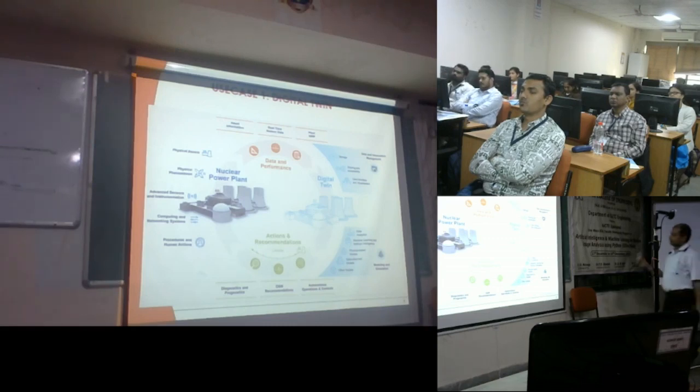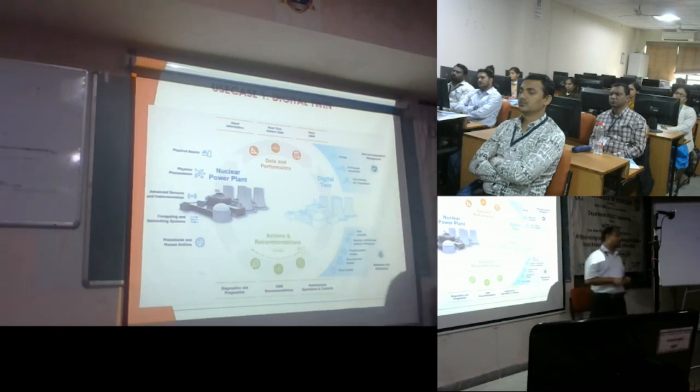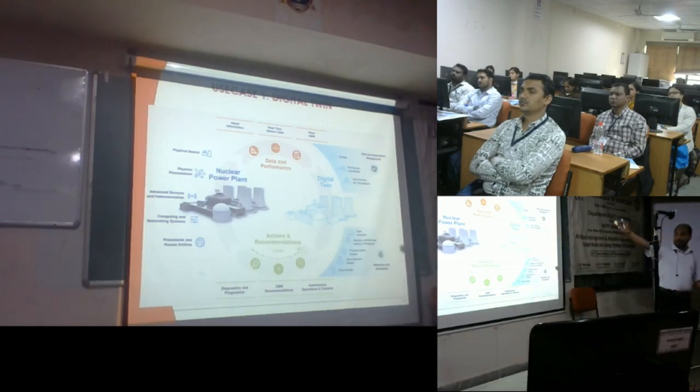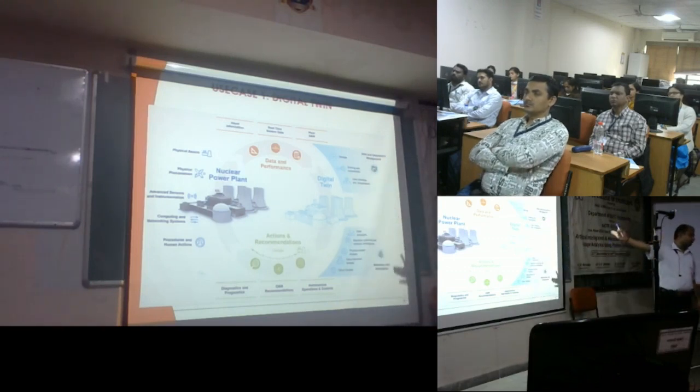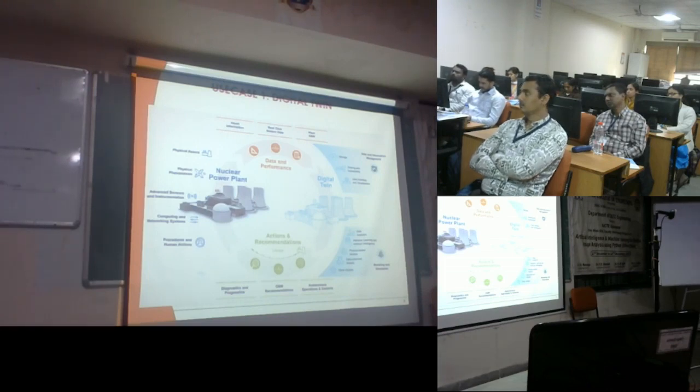So in the digital twin, data and information management plays a very important role, because a lot of voluminous data needs to be stored somewhere. There should be a proper mechanism by which that data can be categorized, wrangled and stored, so that proper access to the data by the respective systems can be given.